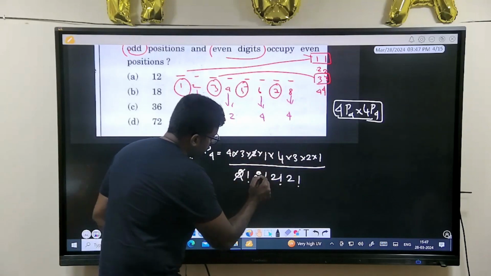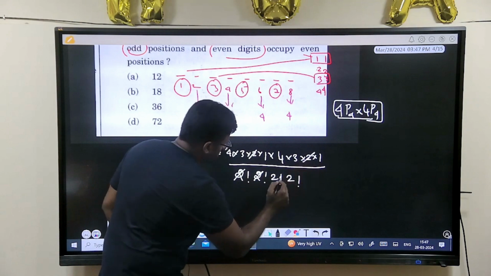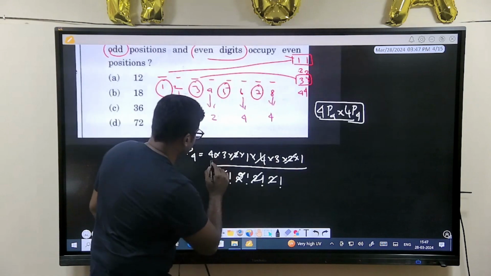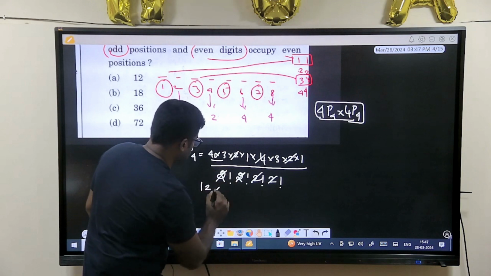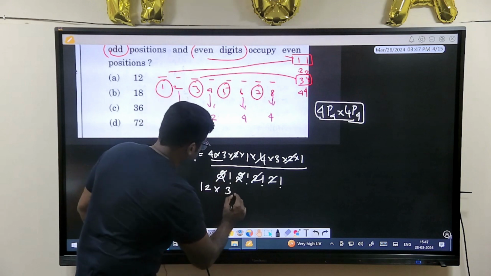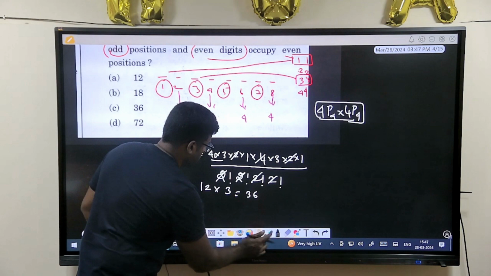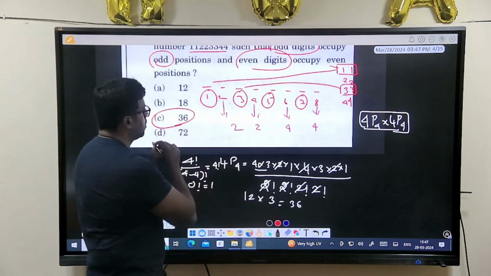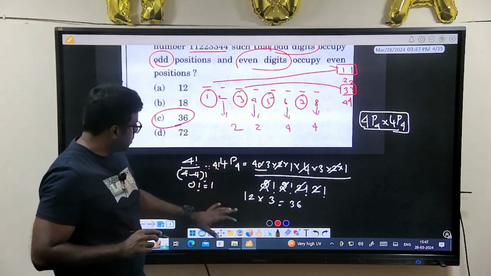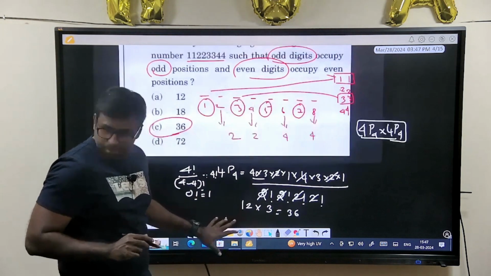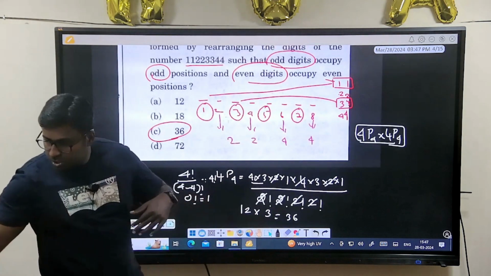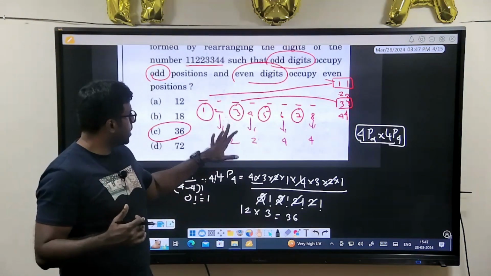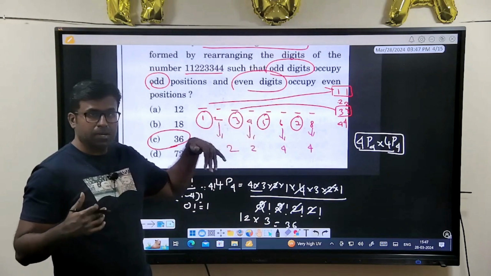So now you go for this. The answer will be 4 into 3 is 12, and 12 into 3 is 36. So this will be the answer. This is how a permutation based answer should be derived.